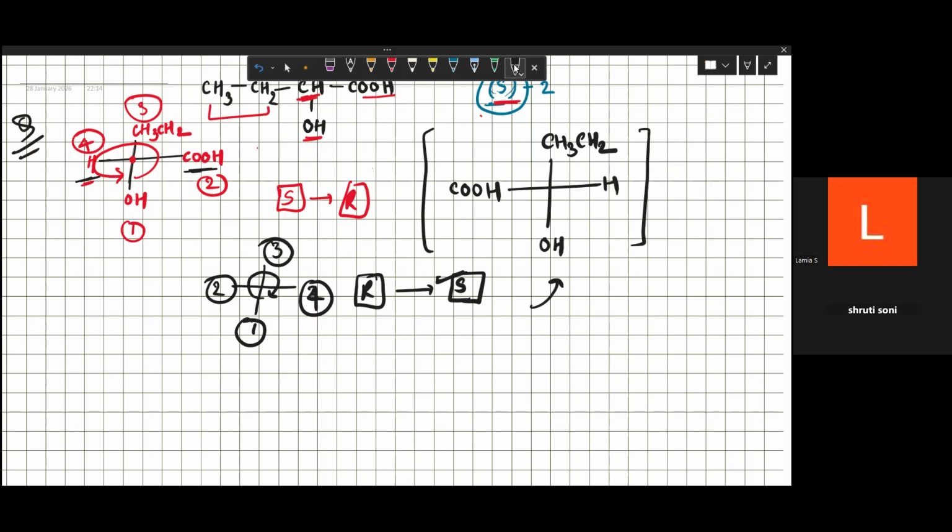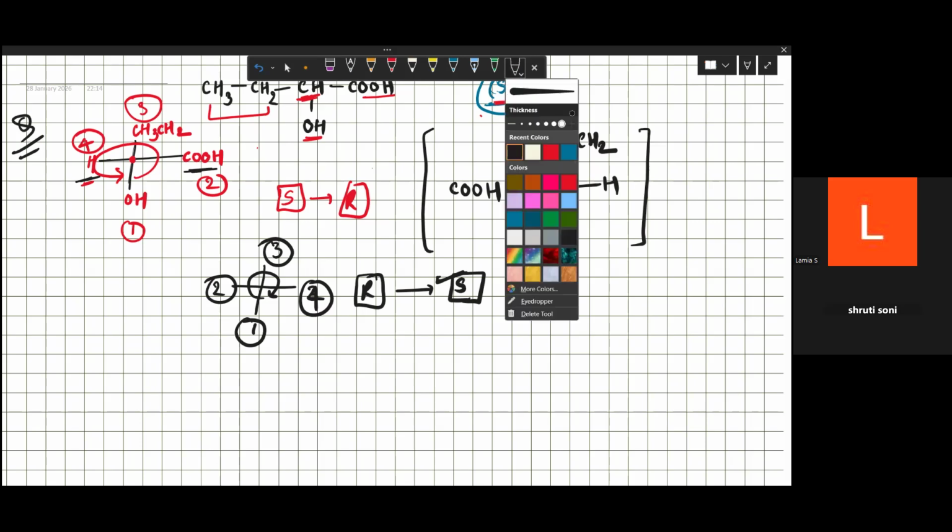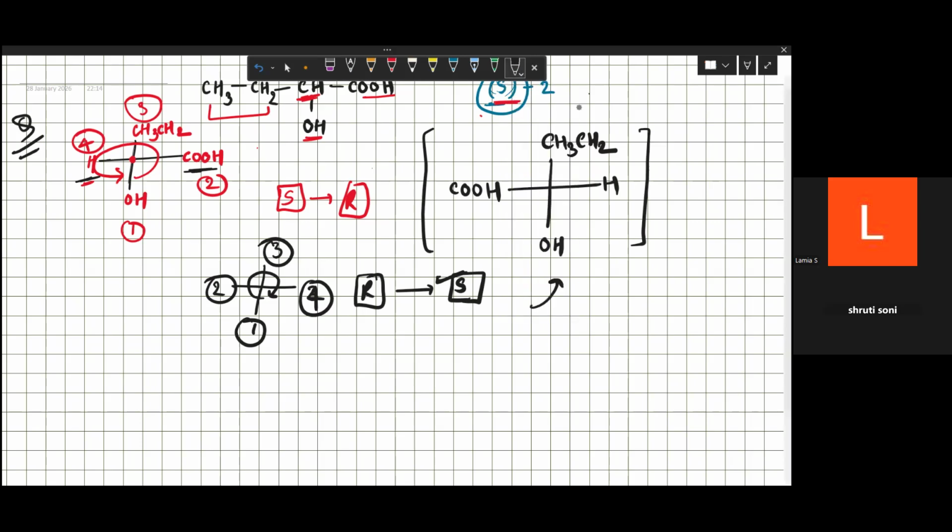Okay. So you are making a compound, and in that case, you assume all the centers as chiral centers. We discussed that a chiral carbon needs all four different groups.